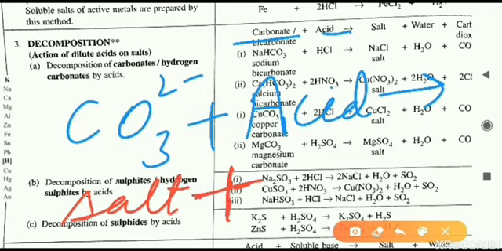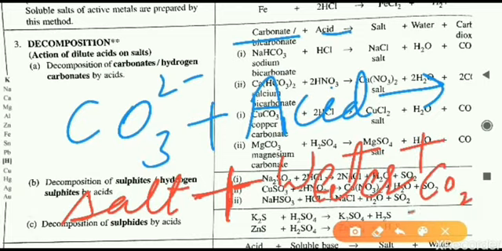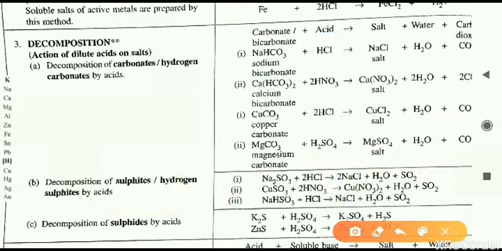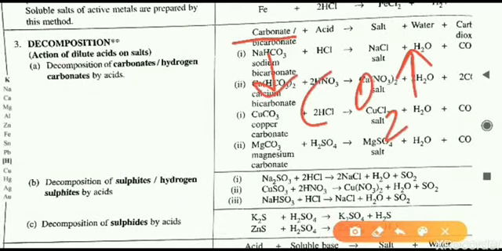So salt will be produced, plus water will form. Always water will form, whatever the reaction nature is, and also one more gas will be produced, that is CO2. This you have to remember: whenever carbonate is on the reactant side, we will always get CO2 gas produced in this reaction.